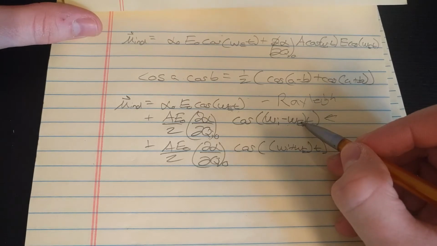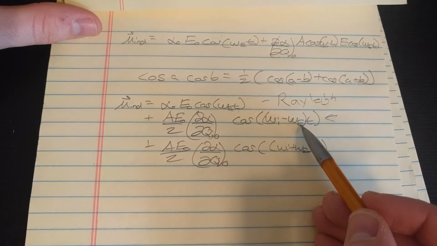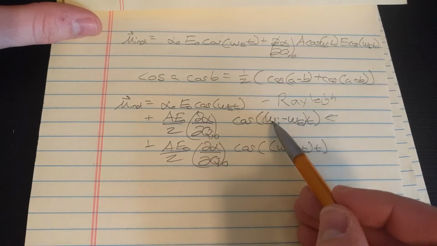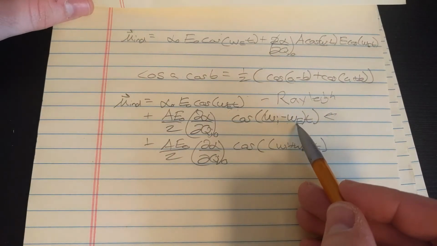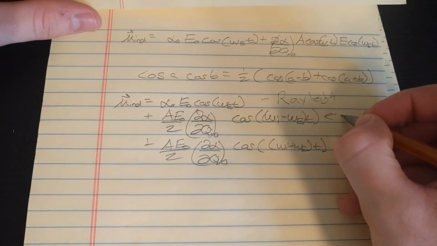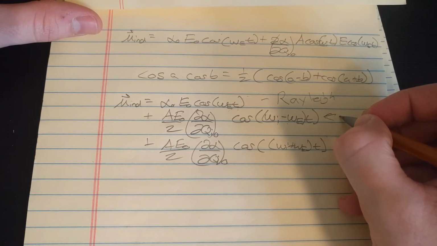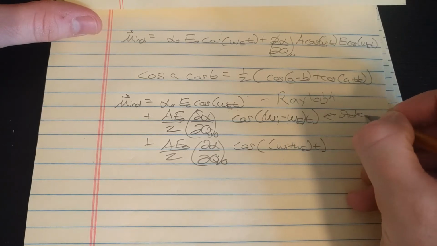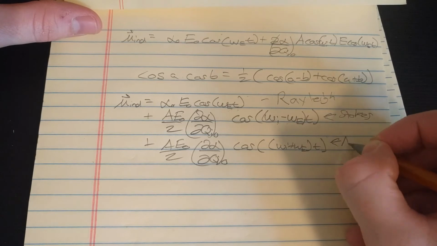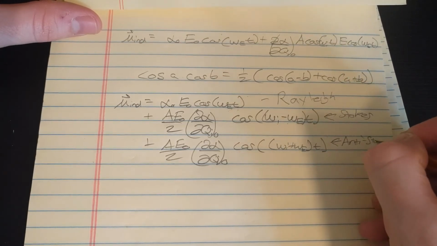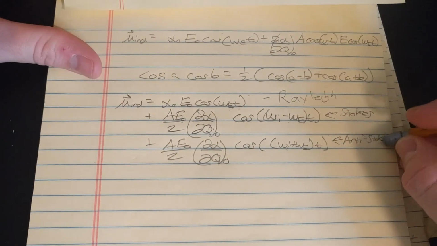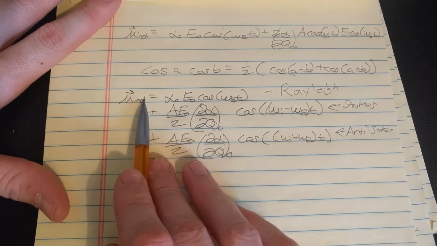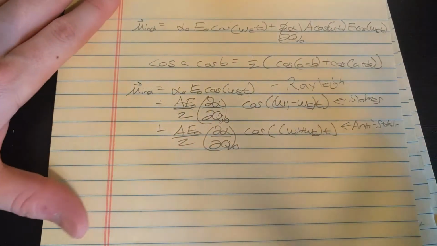So this would correspond to Stokes scattering. And this one would correspond to anti-Stokes because the frequency is going to increase. The intensity is going to be proportional to the square of this, and I'm not going to square it out.